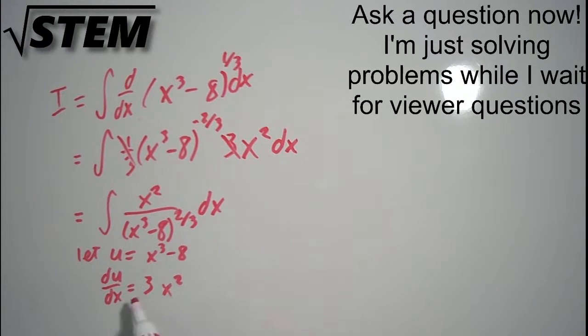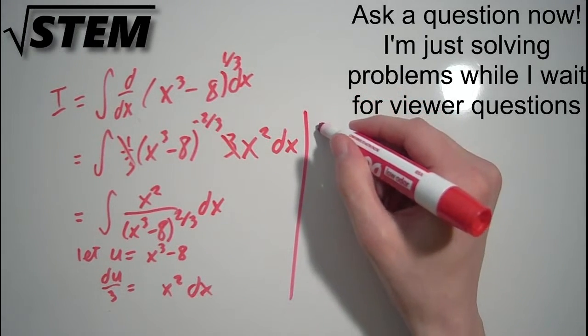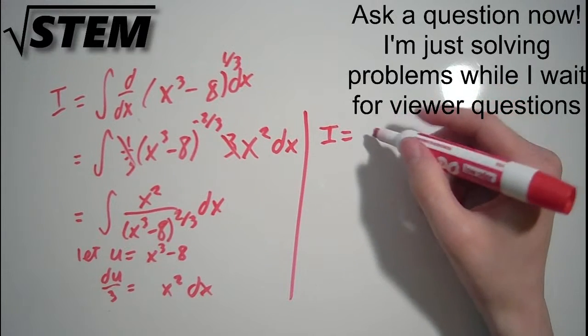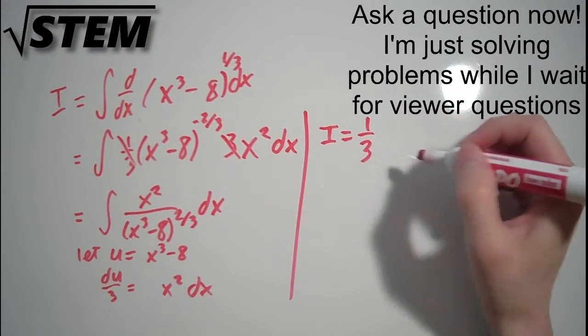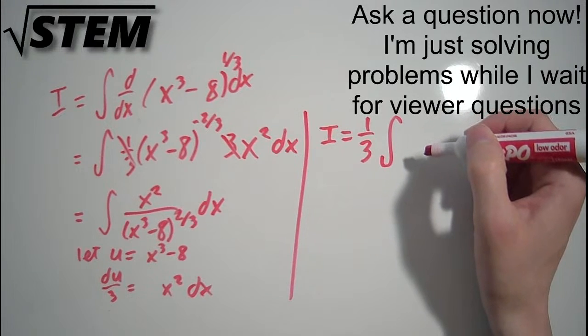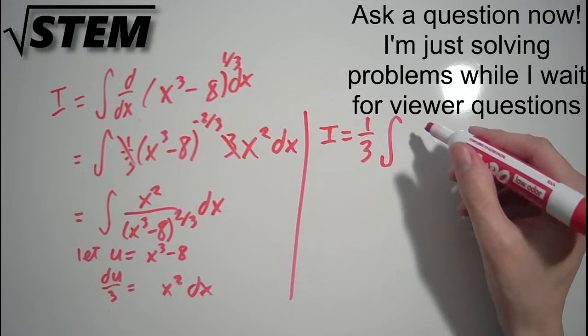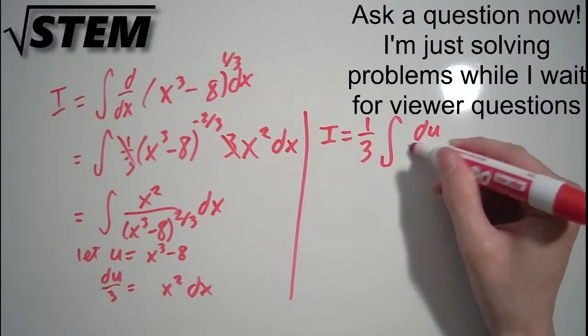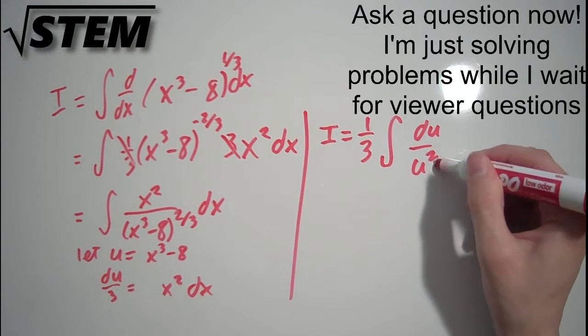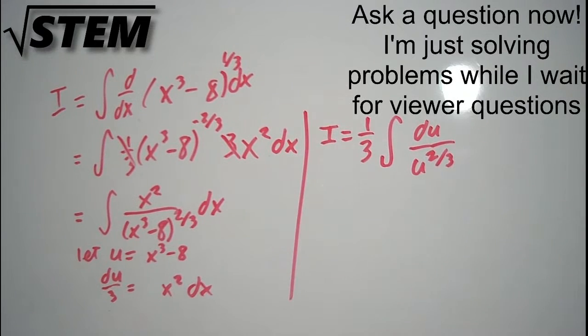Then we'll bring the dx to the other side. So du equals 3x squared, and we'll bring that 3 to the other side. So x squared dx equals du over 3. So our integral is now going to be 1/3 du over u to the 2/3 power.